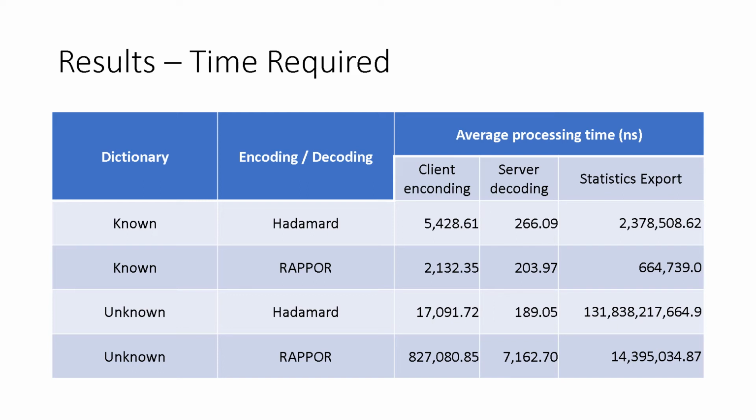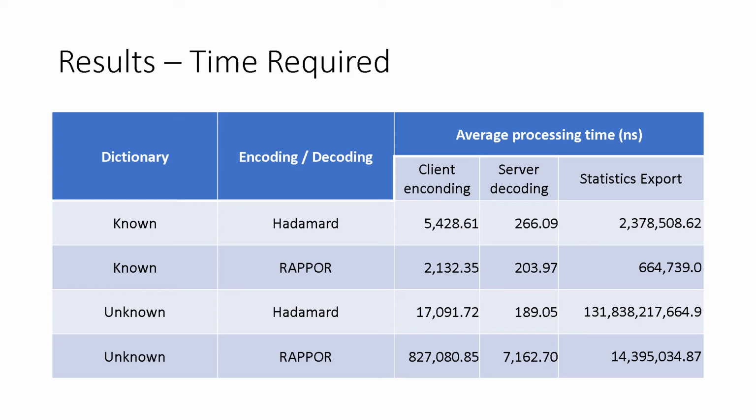The largest time required to decode and store a report was also from Rapport on the unknown dictionary setting, which was of the order of 7,000 nanoseconds, 7 microseconds. Until then, all the numbers have no impact. We expect those numbers to be small enough to have no impact on the device operation or communication performance.